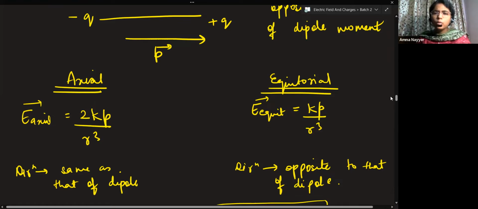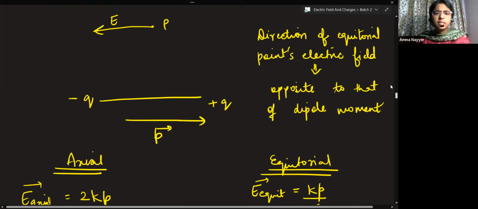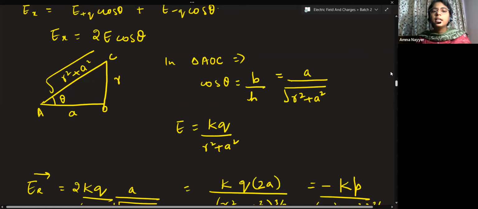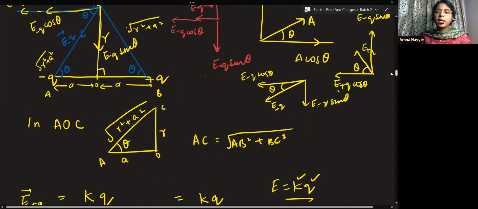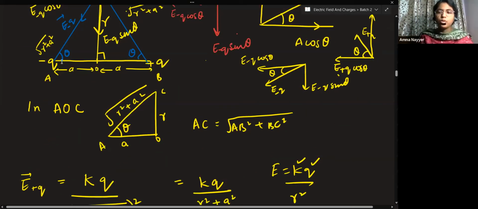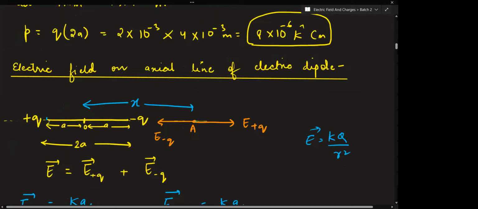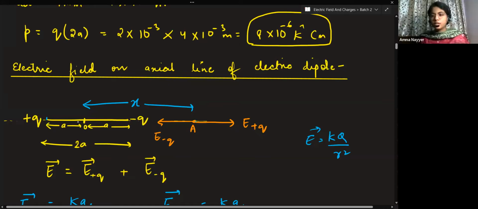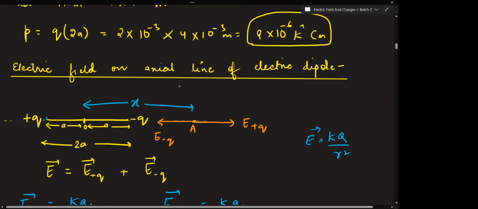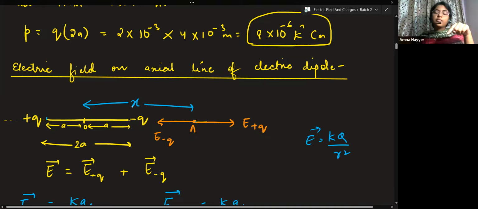So I think Z, you were not there when we were discussing that. 2A is the separation between the dipole. Let me show it to you in axial. This is better. See, 2A is the separation between the two charges, positive and negative, means the length of dipole is 2A. This X or R that I have given you in the question as well, this is the separation of the point to the center of dipole.